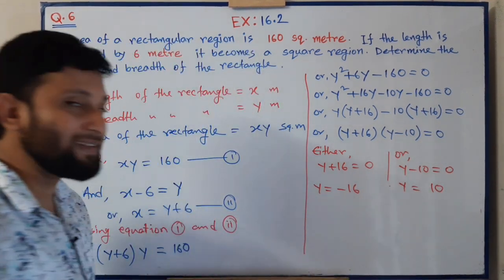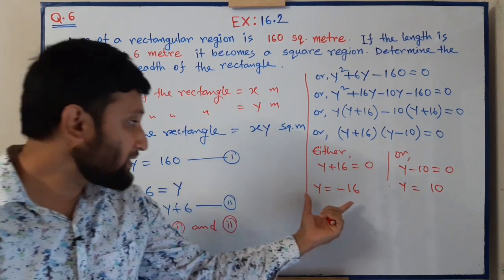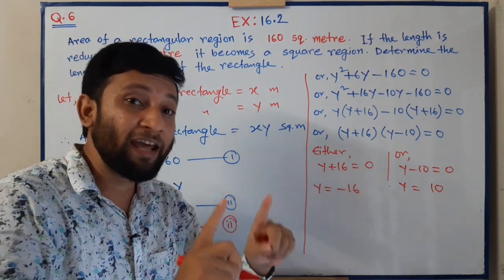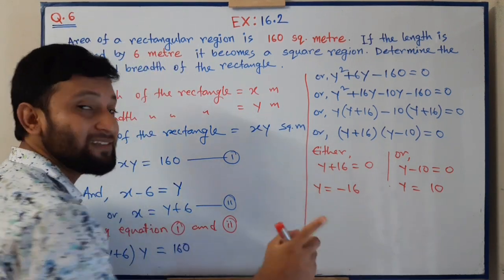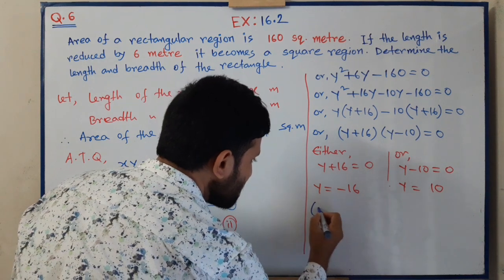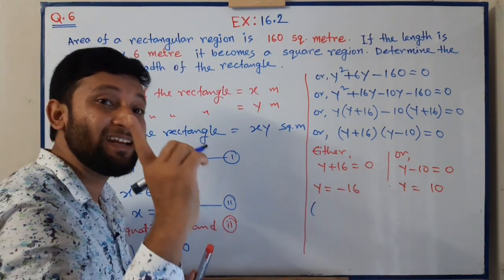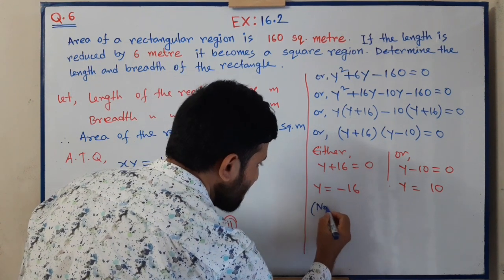Here y means breadth of this rectangle, but length or breadth cannot be negative. So y equal to minus 16 is not acceptable. In bracket just write down, this value is not acceptable because length and breadth cannot be negative value.